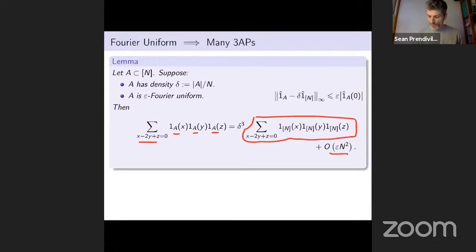The error term depends on the level of Fourier uniformity. So the more Fourier uniform you are, the smaller the error term. And it's epsilon times n squared. Just to say, the number of 3-term progressions in the interval is about n squared. I think it's actually more like half n squared, but up to absolute constants, it's the right order of magnitude.